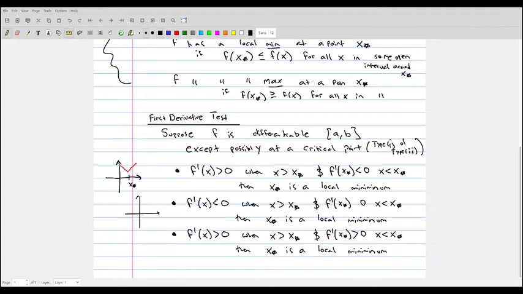Because if this is the case, then at this point x star the function's increasing to the left of x star, but then decreasing to the right of x star, which means that this point has to be a local maximum.